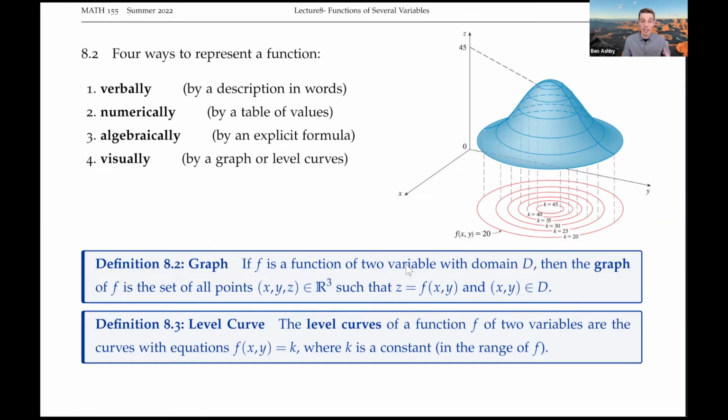So we have a formula there, and we can write our function down as a function of two variables and write down exactly what the relationship is that chucks out the number at the end. We could also just describe a particular relationship. I could have described the body mass index in words rather than with an explicit formula. And we can also represent things using visual representations. So we could use a graph or a level curve.